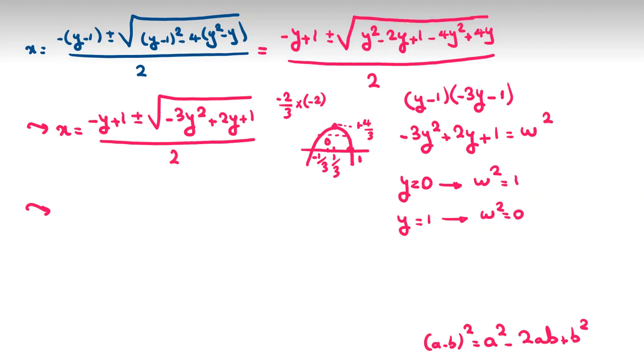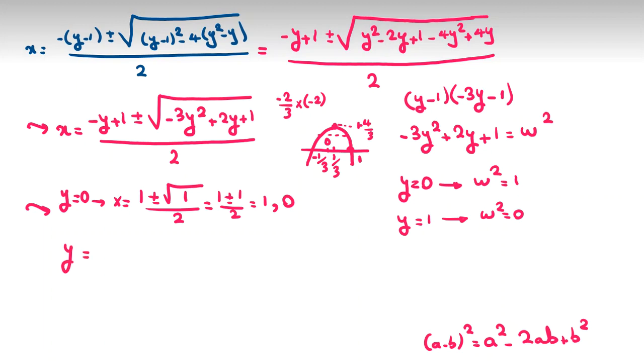Let's write. If w is 0, first case, then x will be (1 plus or minus 0) over 2, and if y is 0, x will be 1 plus 1, 2 over 2, 1, or 0.